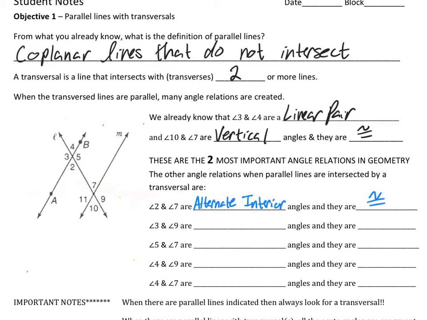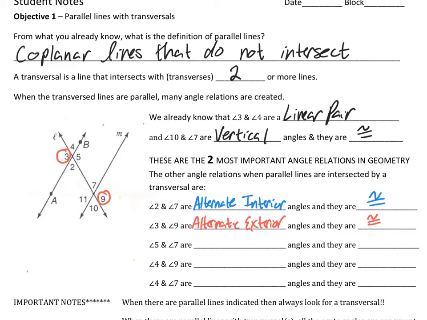Next up, we're going to take a look at 3 and 9. Again, these are on alternate sides, but this time they're on the exterior. They're two obtuse angles, and again, they're going to be congruent.